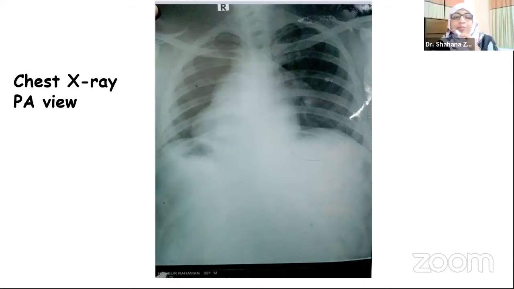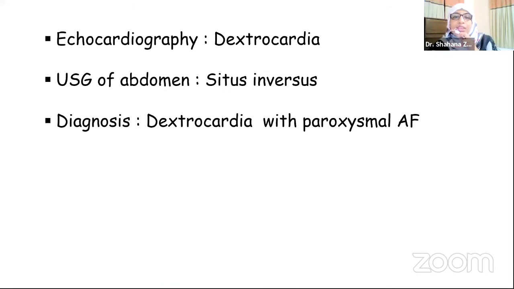Chest X-ray post-interview revealed dextrocardia. Echocardiography and ultrasonography of the abdomen also support that diagnosis, and our final diagnosis was dextrocardia with paroxysmal atrial fibrillation.